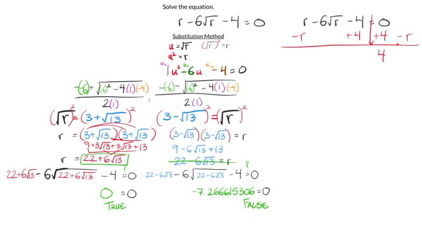The reason why I wanted more space right here is to show that the -r or the -1r right there is not a like term with the 0, so I don't want to even make it look like I can combine those. And so here on the right, we get 4 minus r, and then we've zeroed out the r originally in black and also the -4, which means we can drop this -6 times the square root of r, and that will equal now 4 minus r.